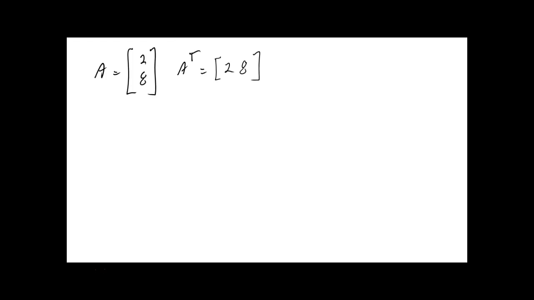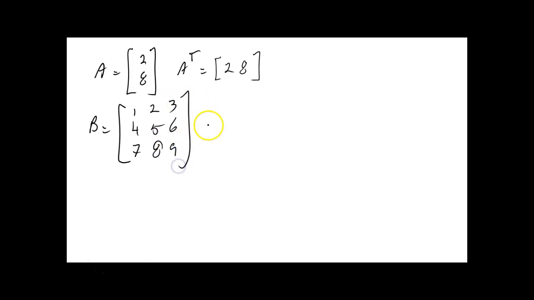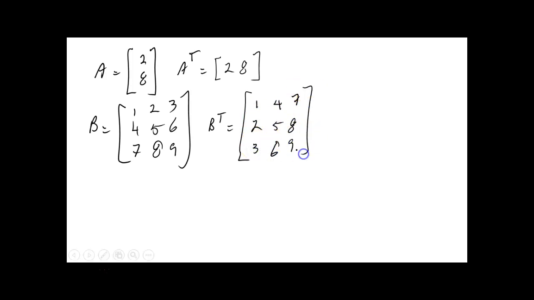Yeah, you got it. That was fairly easy. Let's do B. B happens to be 1, 2, 3, 4, 5, 6, 7, 8, 9. Really creative matrix here. What would be B transpose? 1, 4, 7, 2, 5, 8, 3, 6, 9. Okay, very good.